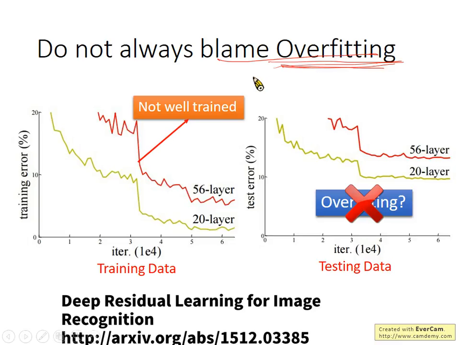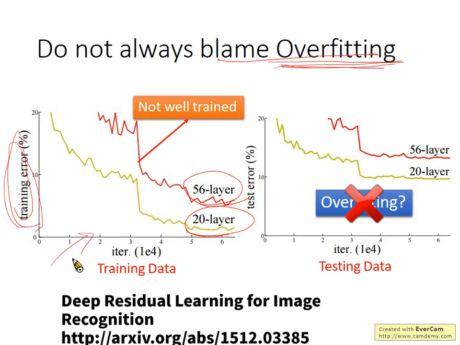So we can see two figures here based on training data. If we construct a model consisting of 20 layers and another model consisting of 56 layers, we see that as the number of iterations increases, the training error decreases. However, the deeper network has higher training error, and the relatively shallow network has lower training error.